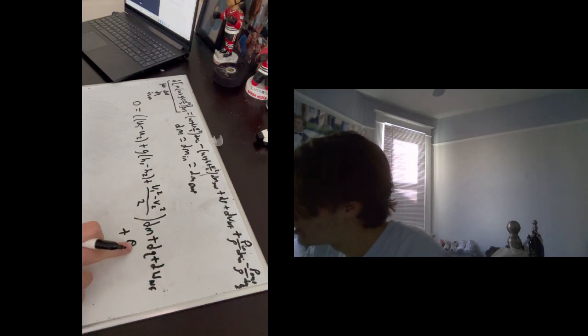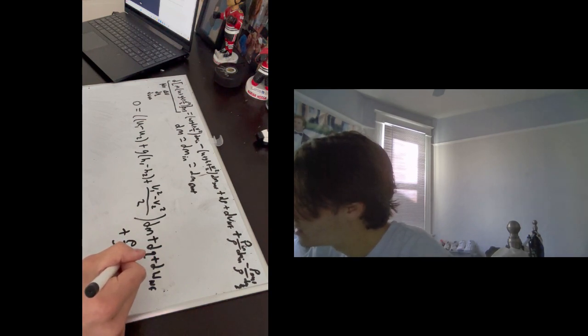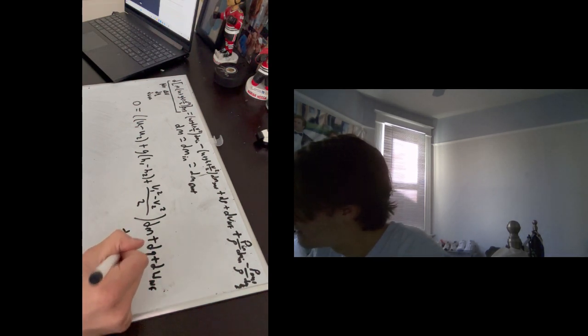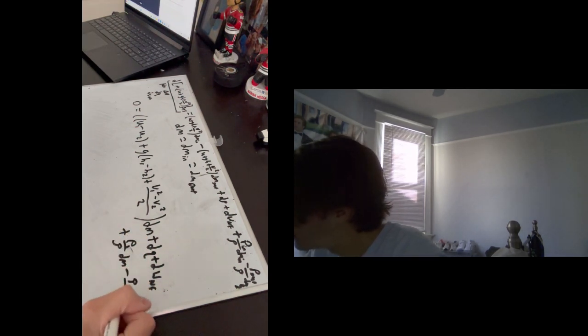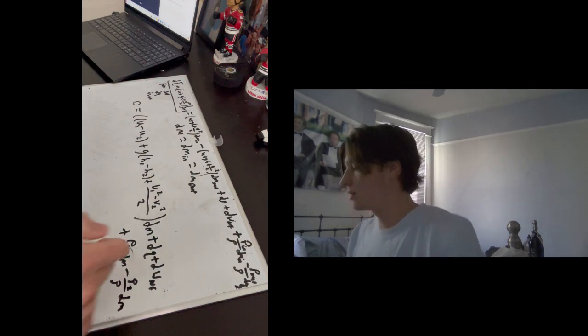So it will be our pressure over our density times dm minus, pressure 1 minus pressure 2 over density times dm. So this will also be able to be merged. I'm actually going to do that right now.